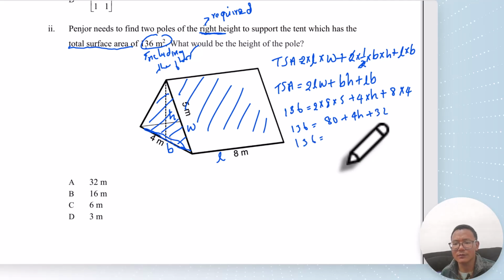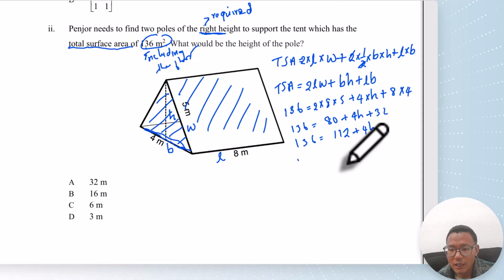I'll show each step, but in the exam you can skip some of the steps to save space. 80 plus 32 is 112, plus 4h. This is just a simple linear equation, solved in class 7, 8, 9, so you can just use that idea.